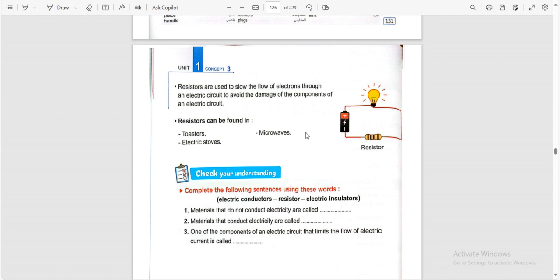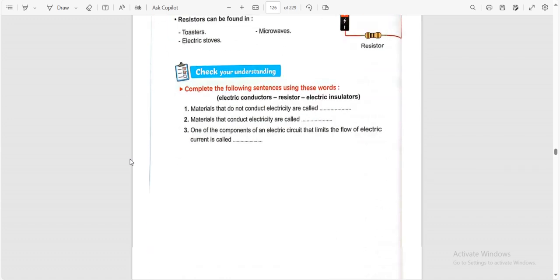And you can find resistors in toasters, in microwaves, in stoves. Stove is like the botagaz. So this component protects devices from damage because it decreases the flow of electric current.